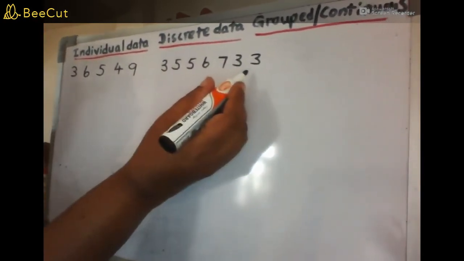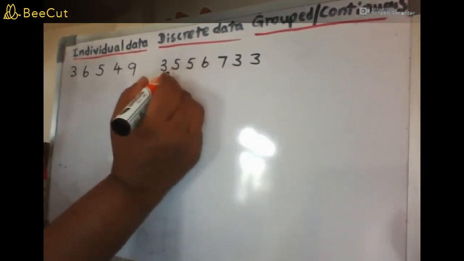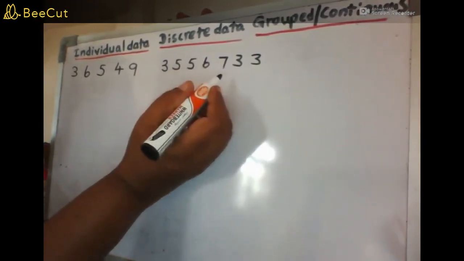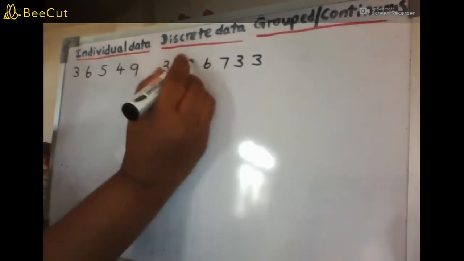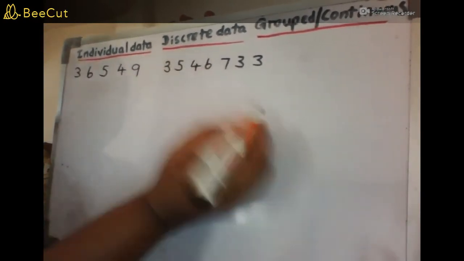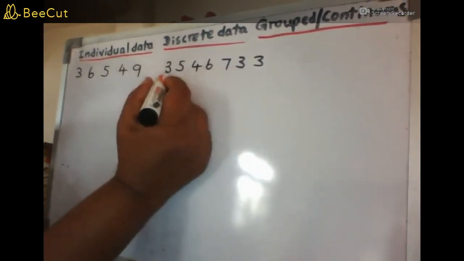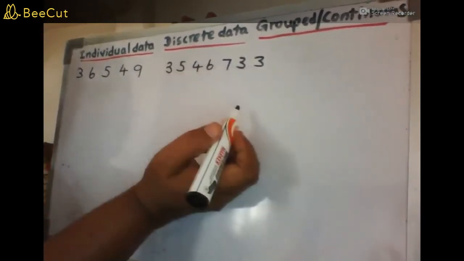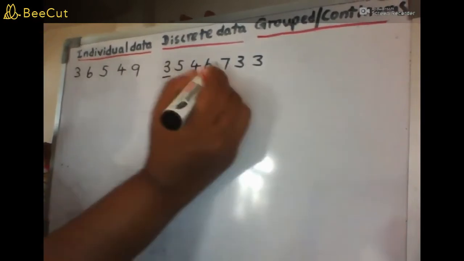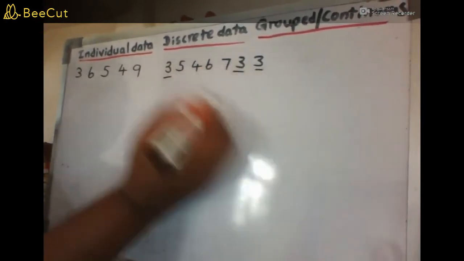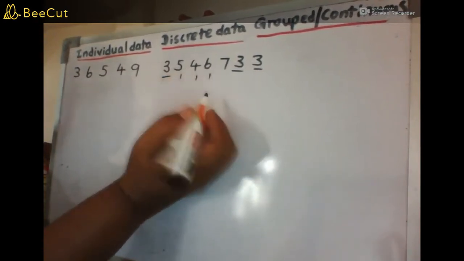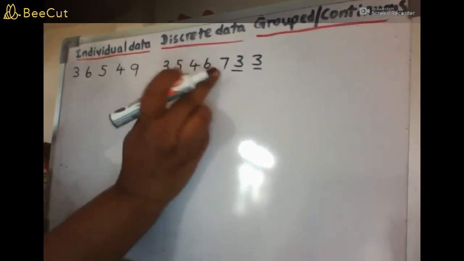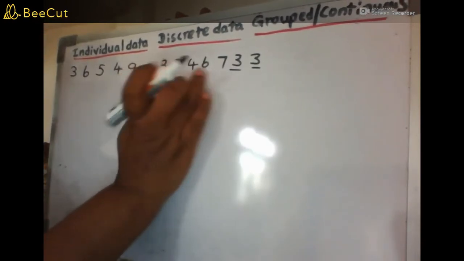So a particular mark occurs more than once. Even if we say here 4, the repeated occurrence is only for 3. The others are all only once. So these are called discrete data.